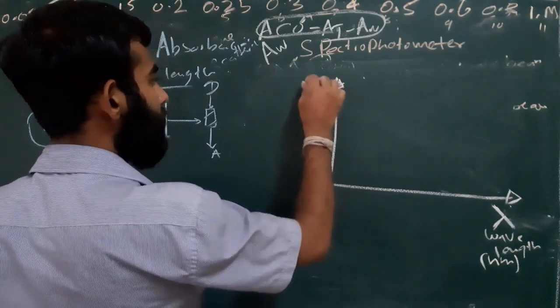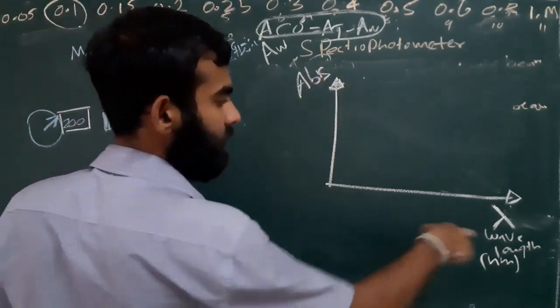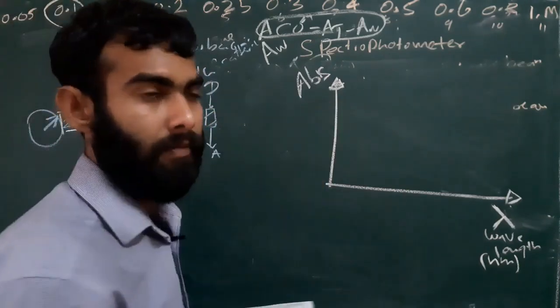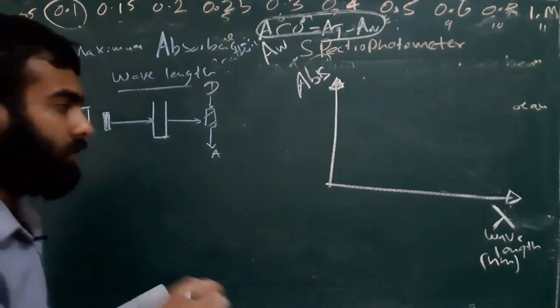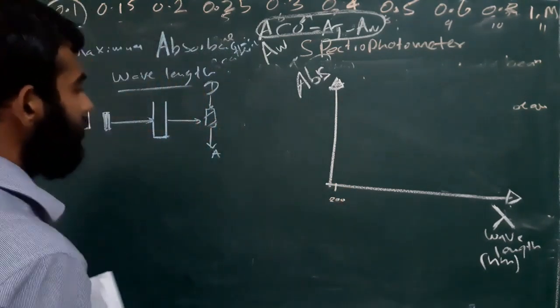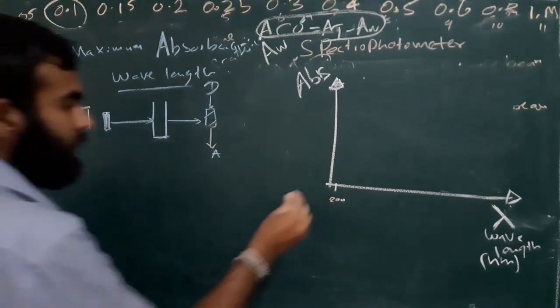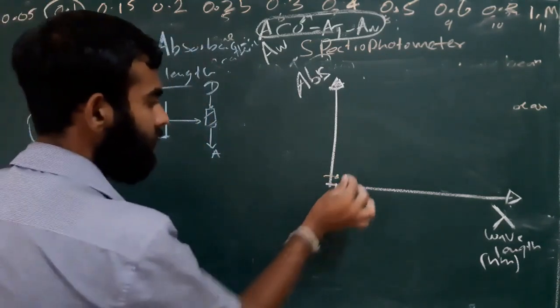Here absorbance versus lambda. I plot a graph. Initially I used lower wavelengths, so here 200. Its absorbance value will be here, lower absorbance values.